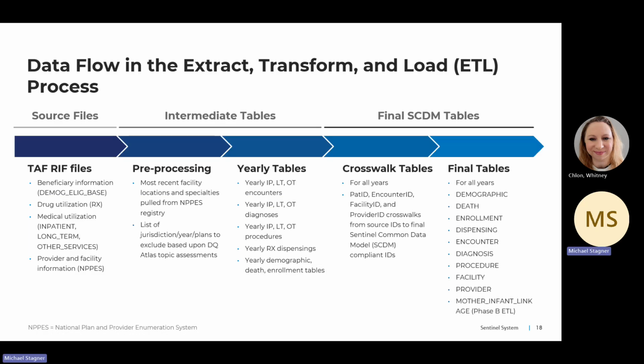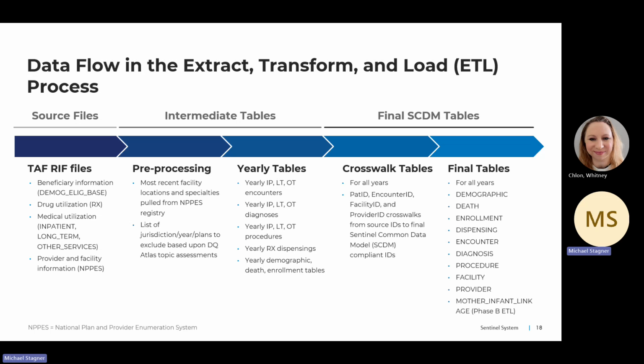This is the data flow of the ETL process, and this is sort of a little more descriptive than the first slide that we were looking at. But it's taking the original source data files, pre-processing them, which is applying those exclusions, creating intermediate tables, so compiling monthly data into yearly data, and then taking the yearly data and creating final tables from that.